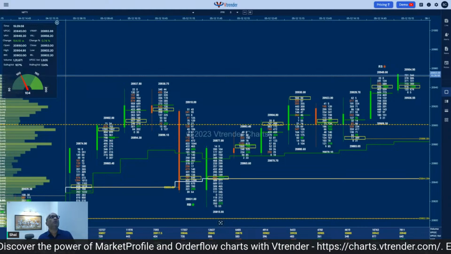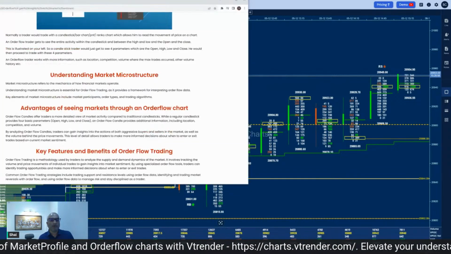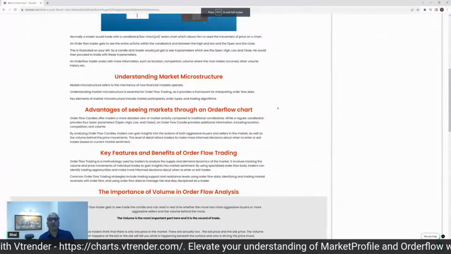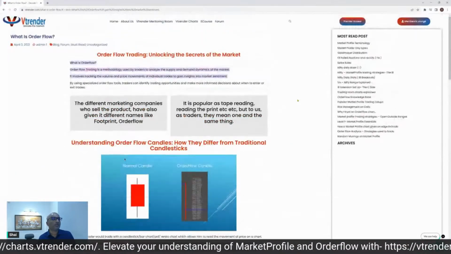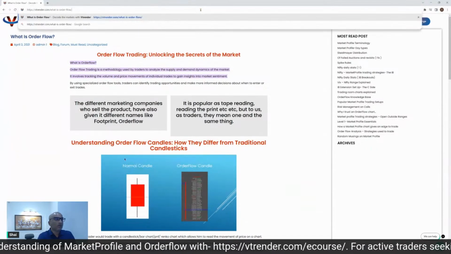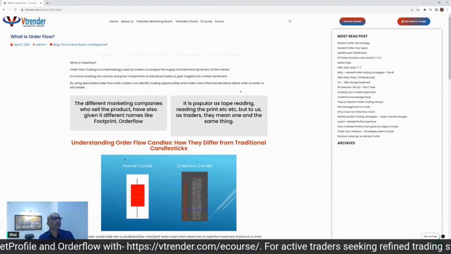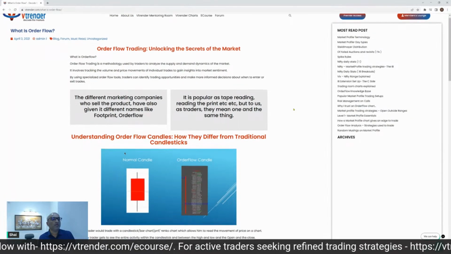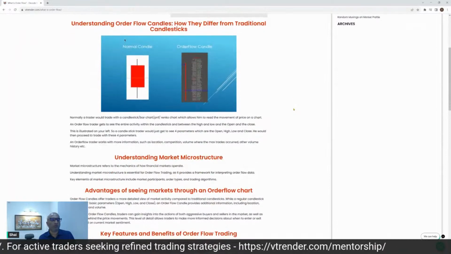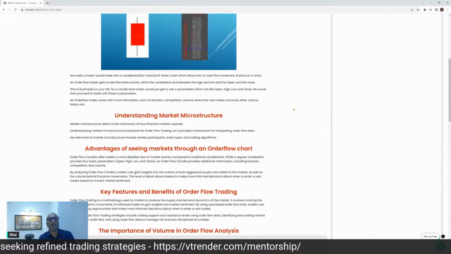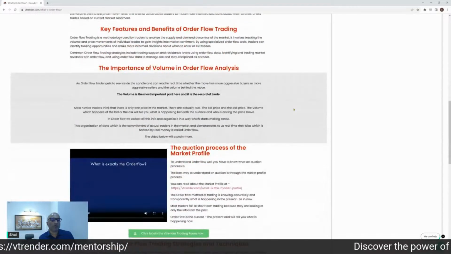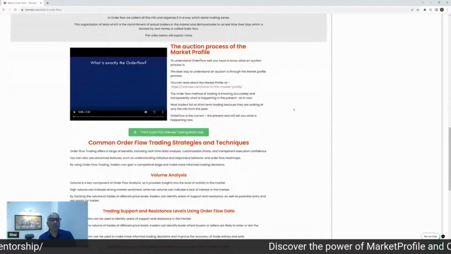Most of what I'm going to be talking about is already covered on our blog. I'll bring this up. If you go through this link, WeTrender, what is order flow, we've spoken a lot about what we intend to do with order flow, and this is a good beginner's handbook to understand what an order flow chart is all about, the option process, the volume in the order flow and all.